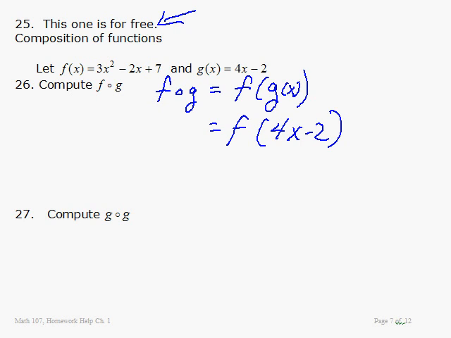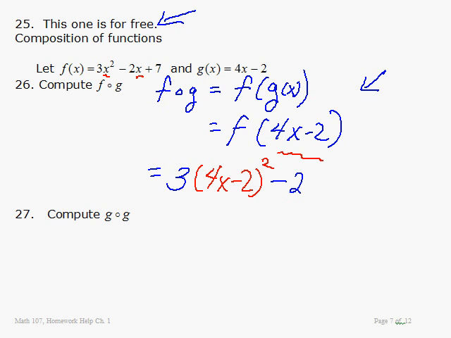Now, you treat this as though it's typical function notation, meaning that whatever's in here gets substituted for the x's in the function. So I would have 3, I'm going to put this in red now. Instead of that x, I have to put 4x minus 2, squared.